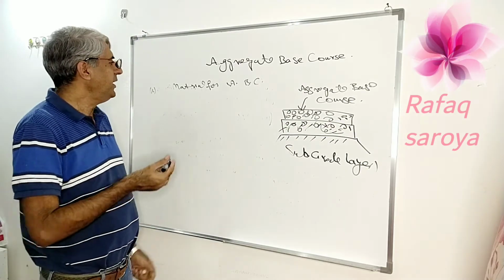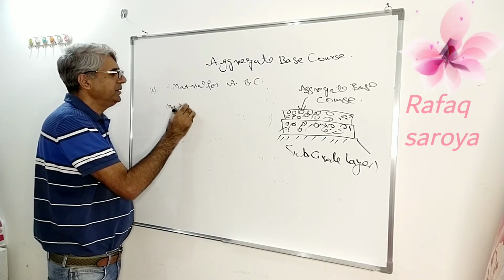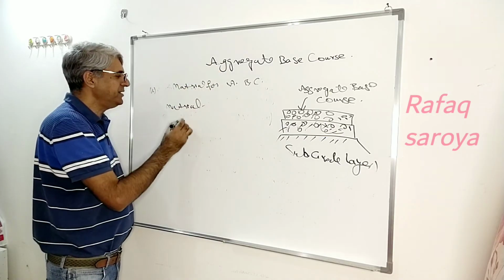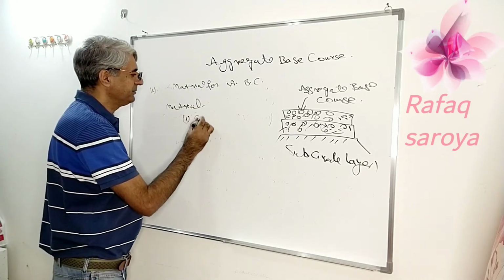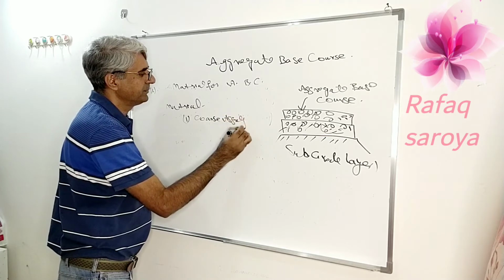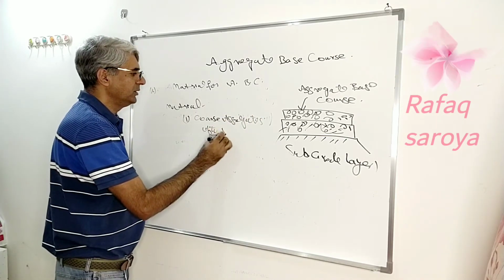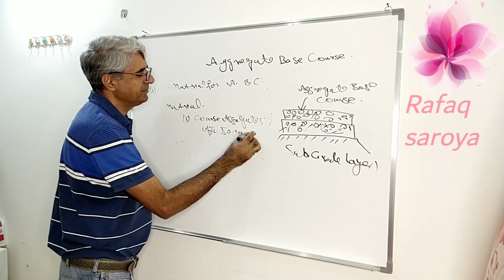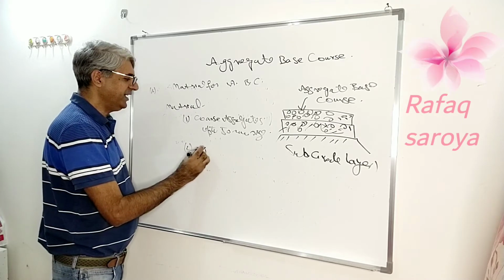So the material for this surface consists of the following. Number one, coarse aggregate up to 50 mm size. Number two, fine aggregate.